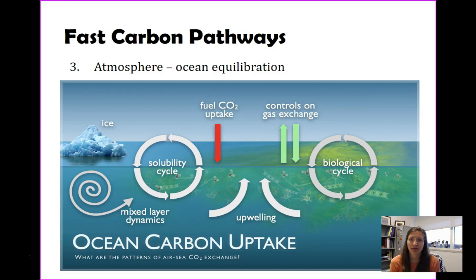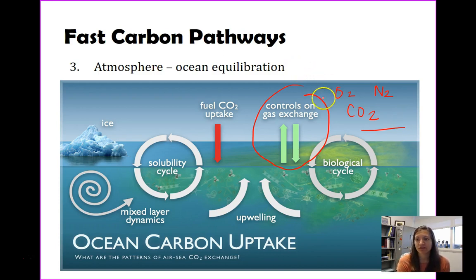Another fast carbon pathway that maybe you're not too aware of is the atmosphere and the ocean. And they're in equilibrium with one another. What I mean by that, and it shows this really well right here, is that whatever is in the air, whether it's oxygen, nitrogen, carbon dioxide, or anything else, is actually in equilibrium in the ocean.